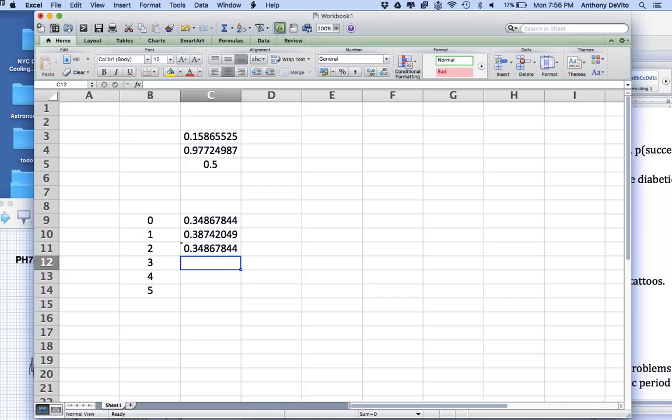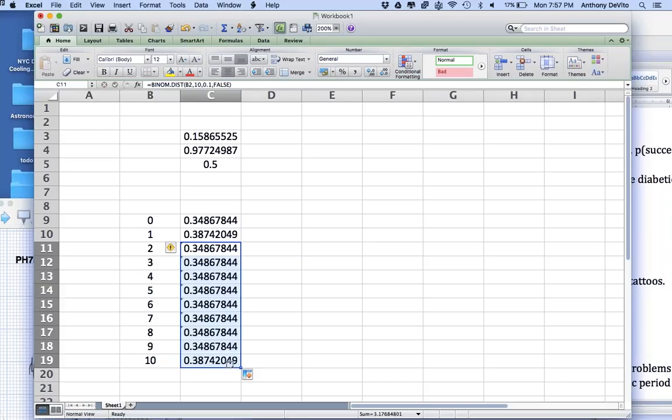And it's 34%. Oh, look, it's symmetrical with that 0. Now I'm also going to go here 6, 7, 8, 9, 10. Now if I copy this down, the formula will get copied down, and it will calculate the probability.